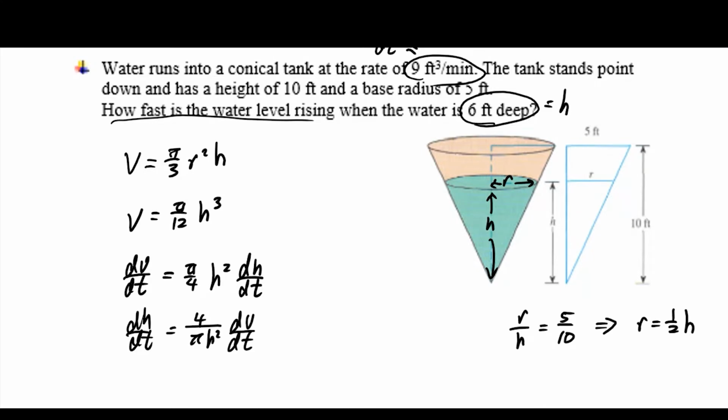This is like 90% of the problem right there. Plugging in is like 1%. I mean 1%, 10%. Now plug in these values. So h is 6 and dV/dt is 9. And then you get 1 over pi, right? Too much algebra?